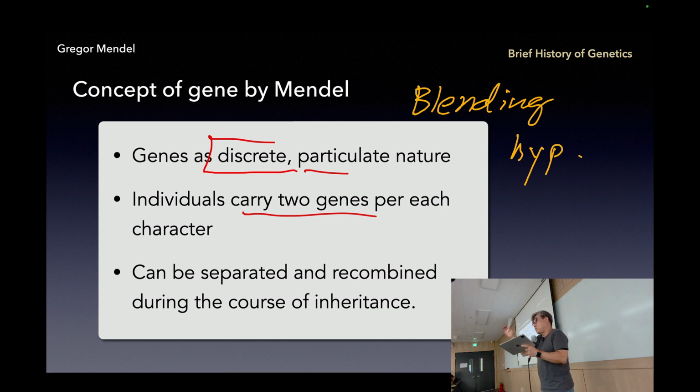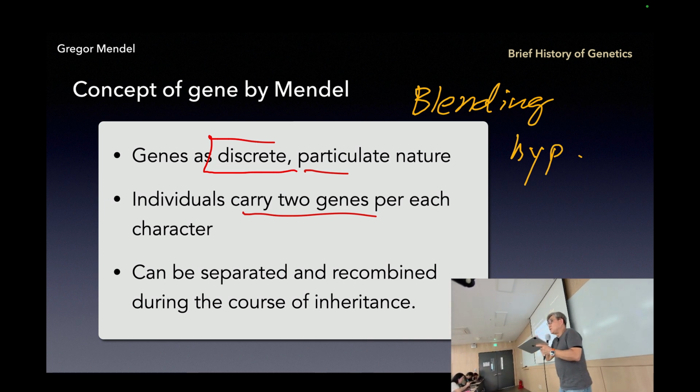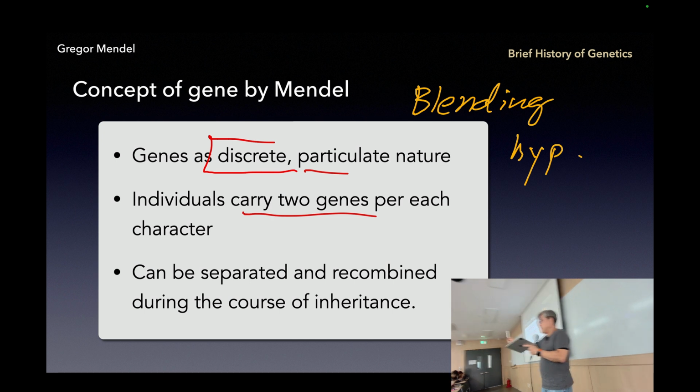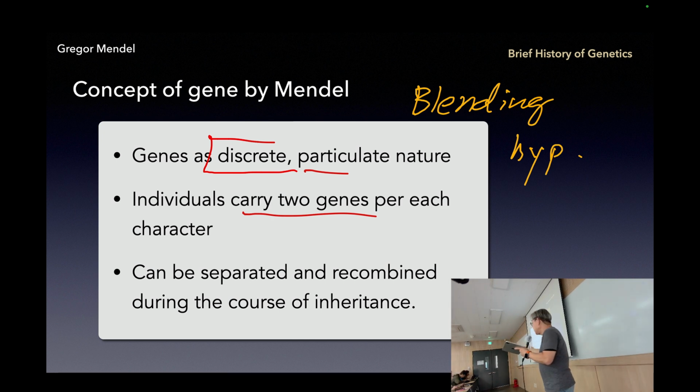Genes exist in pairs. During sexual reproduction, these pairs get separated, and then during fertilization they reunite and restore this pairness. Haven't you seen this thing before somewhere else?